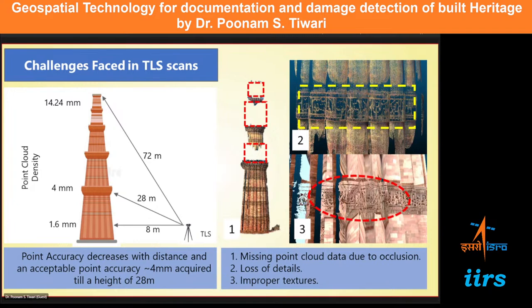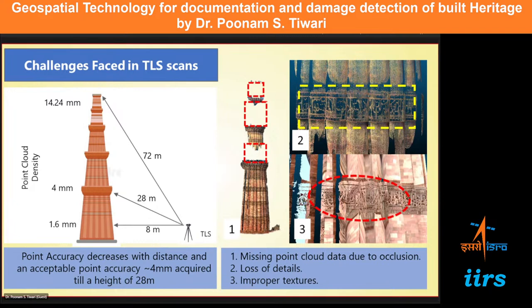If the slant range is increasing, the point density decreases. Up to a level of 28 meter, 30 meter, we were getting a good point cloud density. The point cloud density was approximately 4 millimeters at the height of 28 meters.